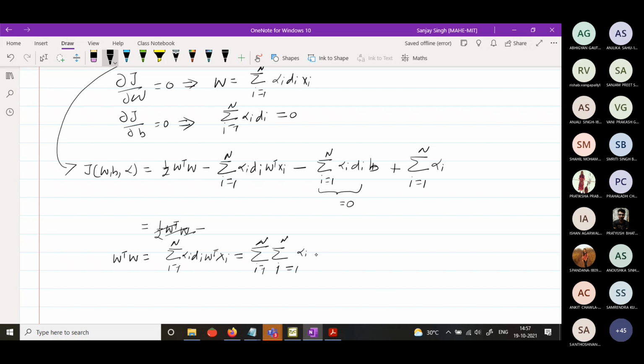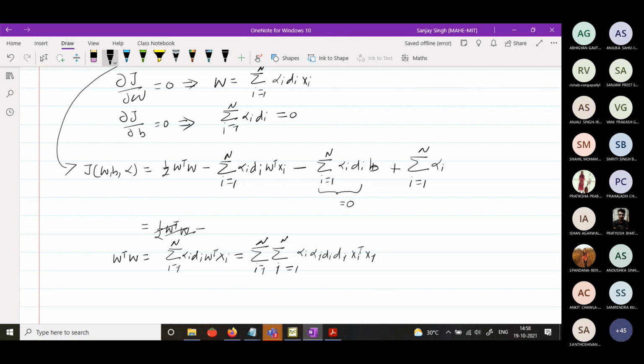Here I'll write alpha i alpha j di dj xi transpose xj, because these are scalar things, so no problem. Here these x are the vectors, so I have to write them over there.